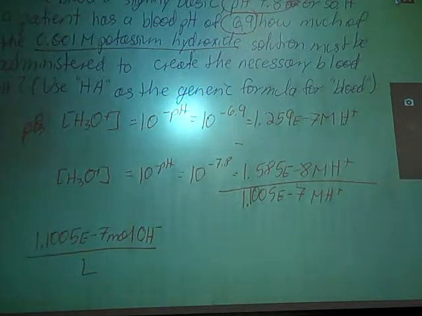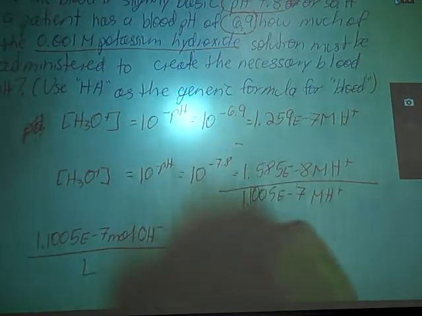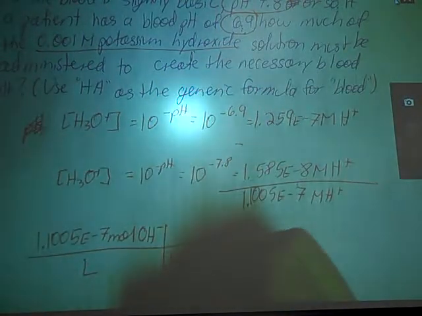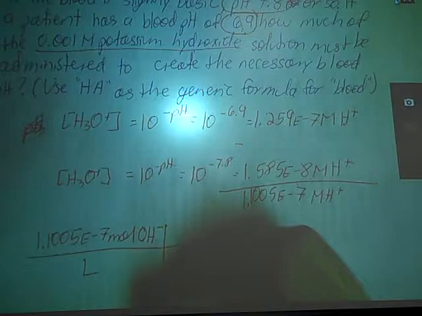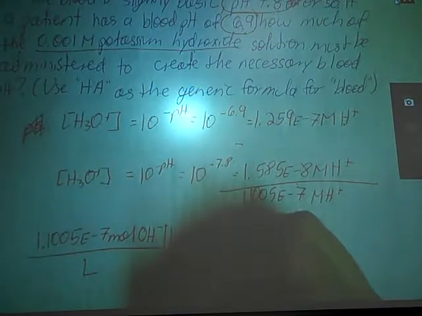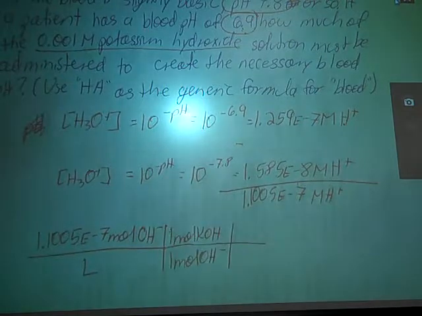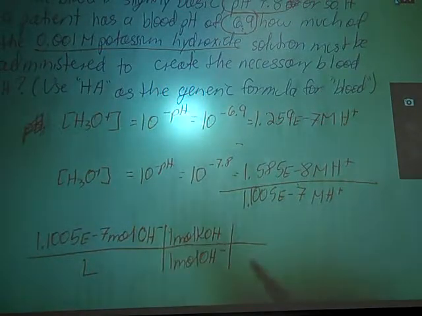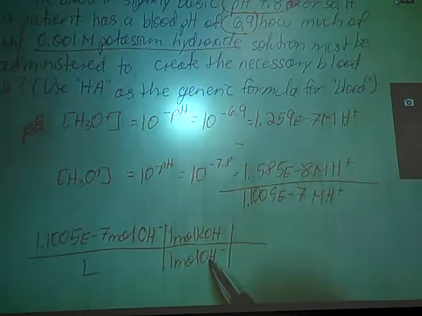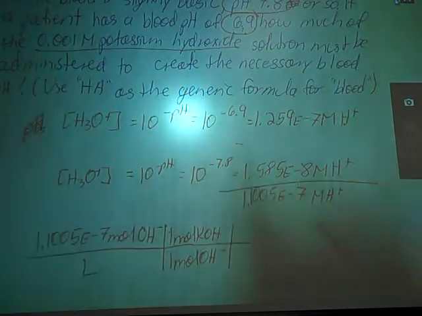My hydroxide is coming from my potassium hydroxide, which is a 1:1 ratio of my ions.